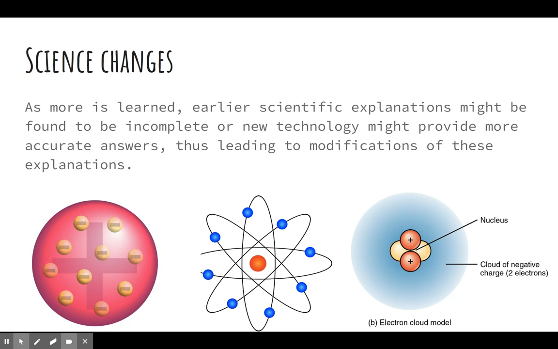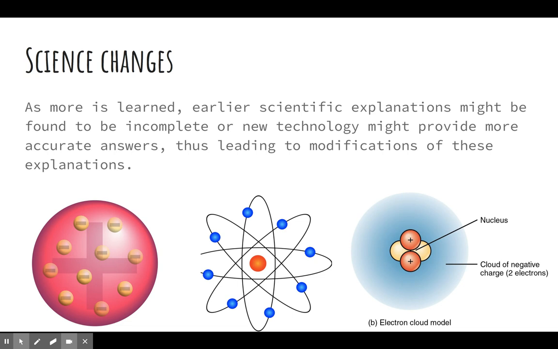So the one furthest to the left, that is Thomson's atom. In the early 1900s, the British physicist J.J. Thomson created a model of the atom that consisted of electrons embedded in a ball of positive charge. Several years later, moving to the middle picture now, Ernest Rutherford created a model of the atom based on new research.